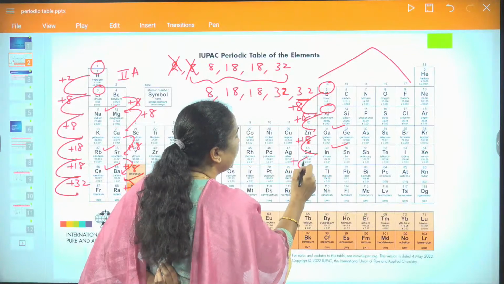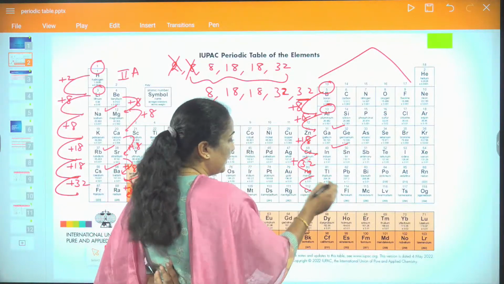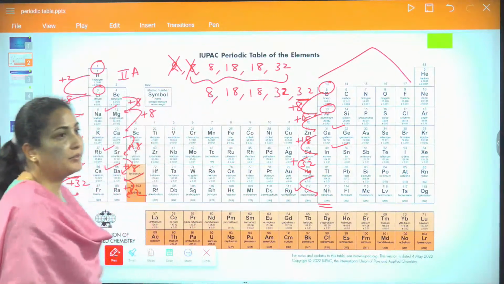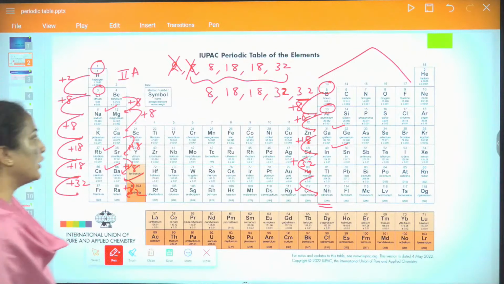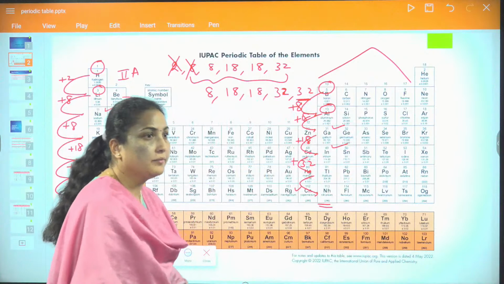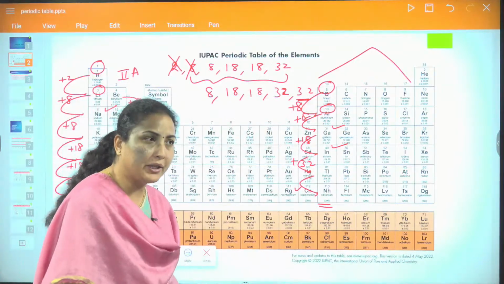Then go for 32. 49 plus 32 is 81. 81 plus 32 will be again 113. Getting it? So the same story continues from this boron to fluorine family. Is there any doubt here? Are you able to see how it is happening?